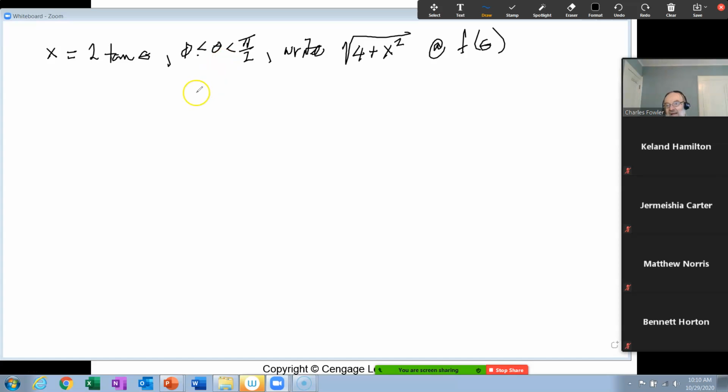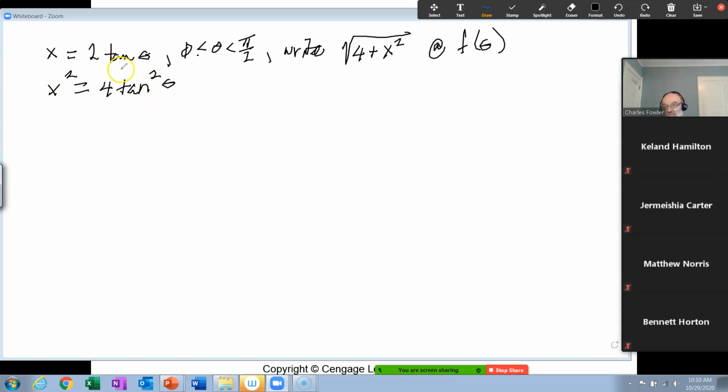Now, what they're going to do is use this substitution, x equals 2 tangent theta, and plug that in here. Well, what's the first thing you see there? You've got x squared. So let's do x squared first. X squared would be 2 squared, which is 4, and tangent theta squared would be tangent squared theta.